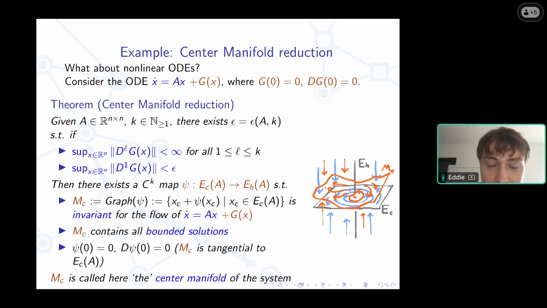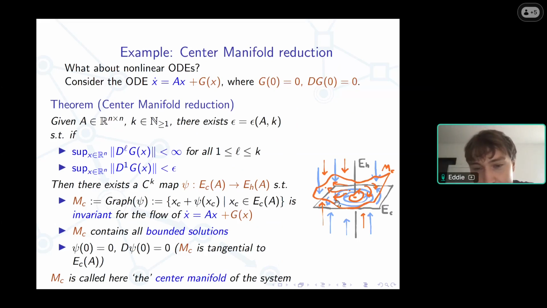There are typically many, but if you satisfy these bounds, if this particular theorem holds, then you can put your finger on the canonical one. That's what we will call the center manifold. It pops out of the contraction argument, and I will refer to that as the center manifold of the system, even though you always have to be careful with that.